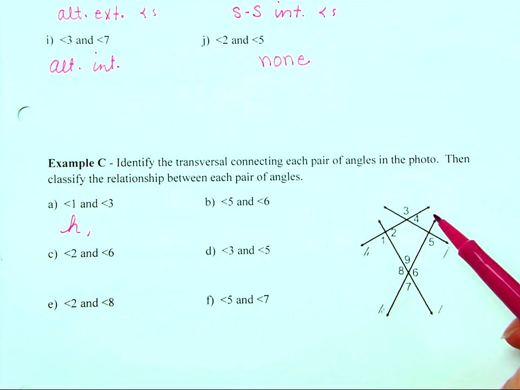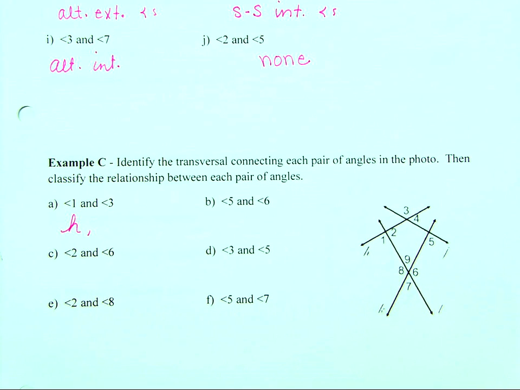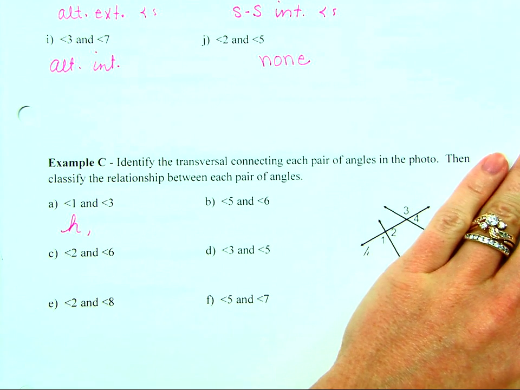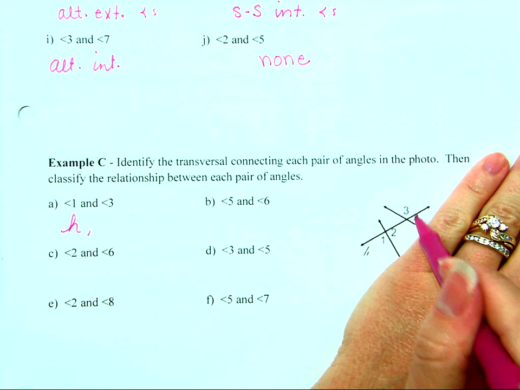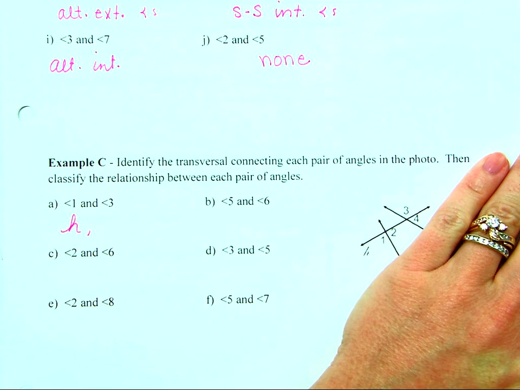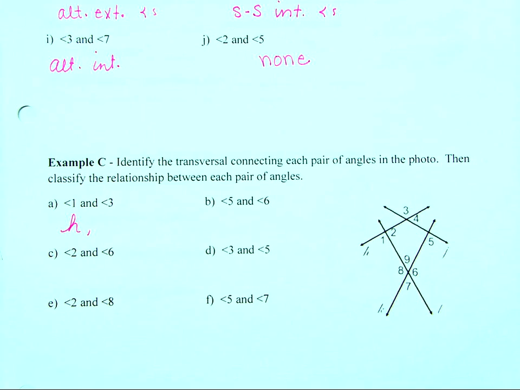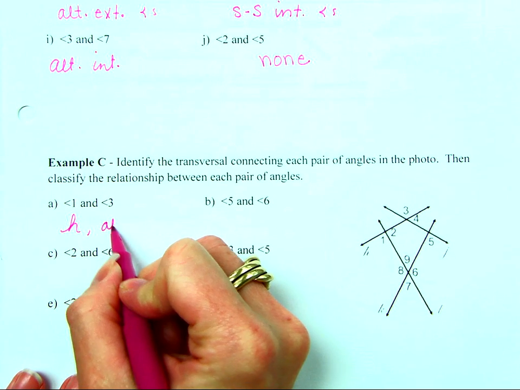As I look at angle 1 and angle 3, I can kind of ignore this part of my diagram. I am only looking here at 1 and 3, and they are on the outside of my 2 lines. They are actually going to be alternate exterior.